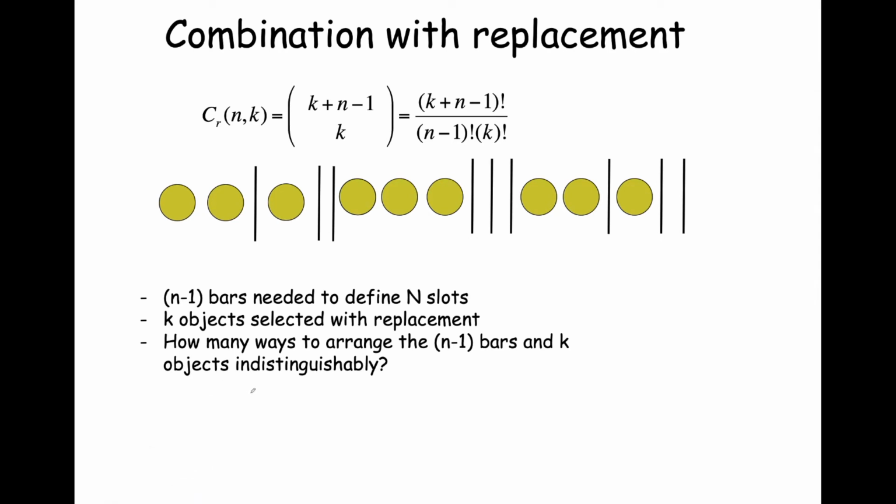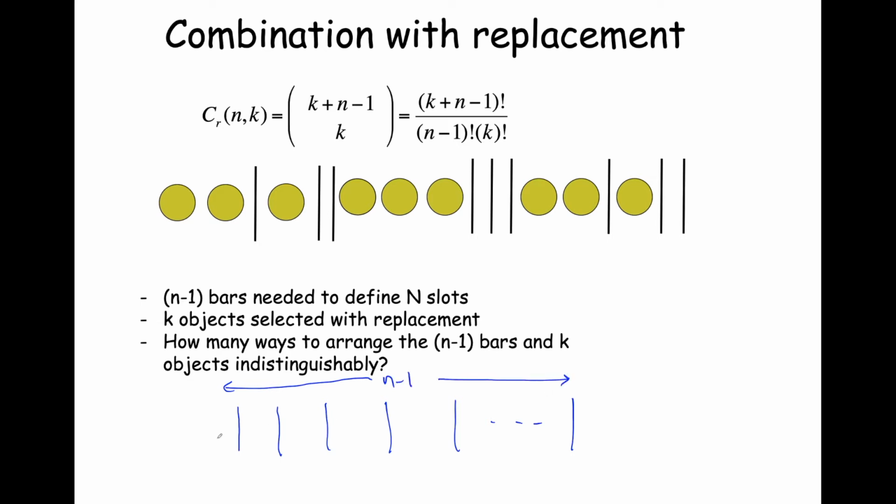We have our n objects. So that's object 1, and object 2, object 3, object 4, object 5, up to and including object n. And in this figure, we have a bunch of sticks, and there are a total of n minus 1 sticks.